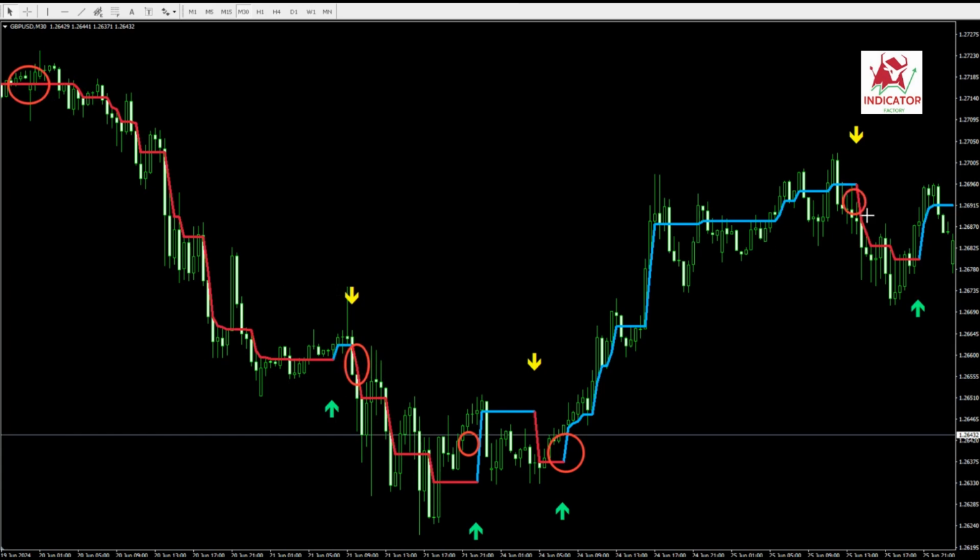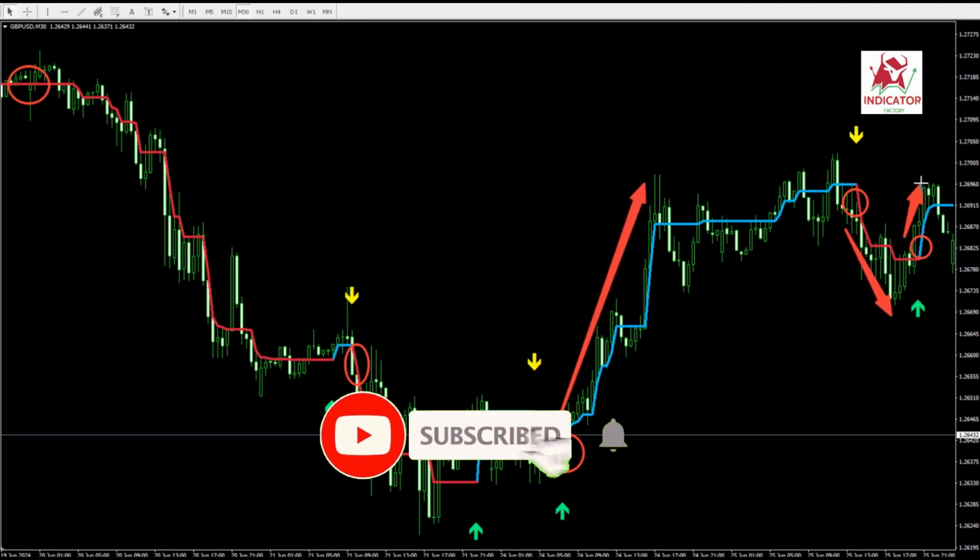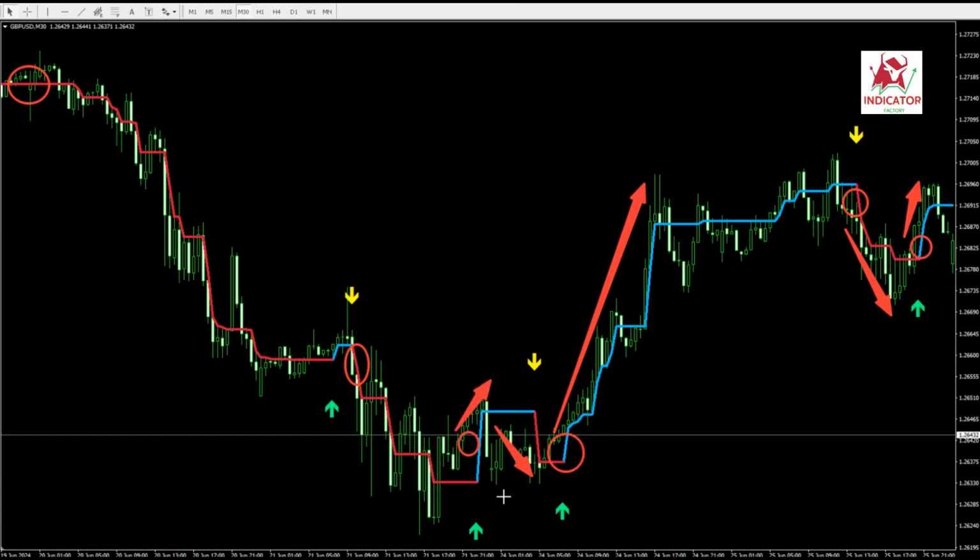So let's see if the strategy provides the same output or not. And you can see that the market went up by the same amount as the blue line. If you had bought or sold according to this indicator, you would have made a lot of profit, and it is very good for you.